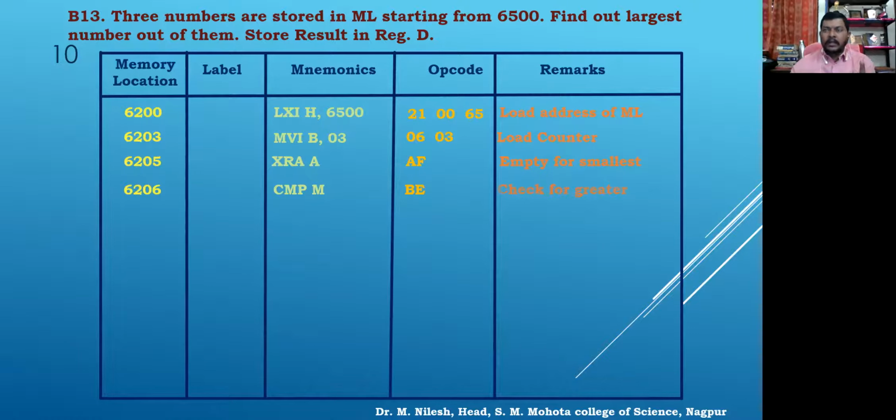If it is greater, then the carry flag will be reset, and if it is smaller, then the carry flag will be set. Remember this: reset means 0, set means 1.